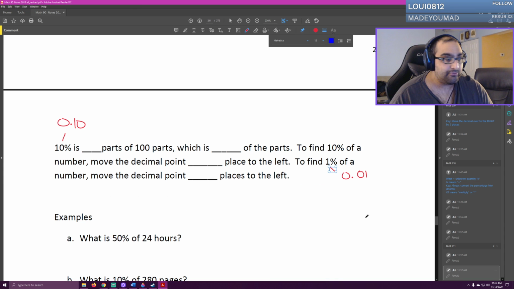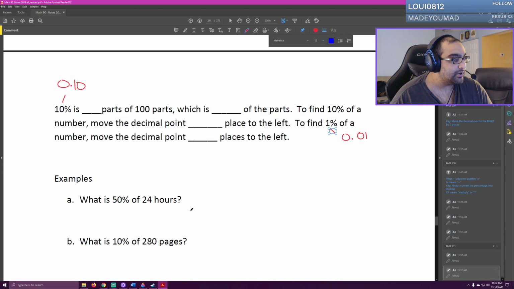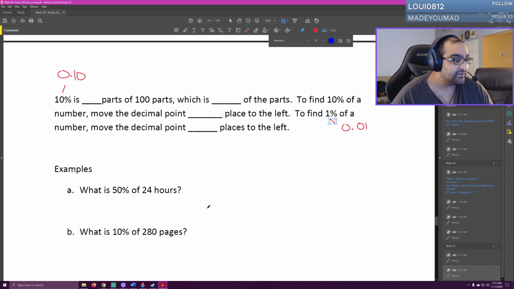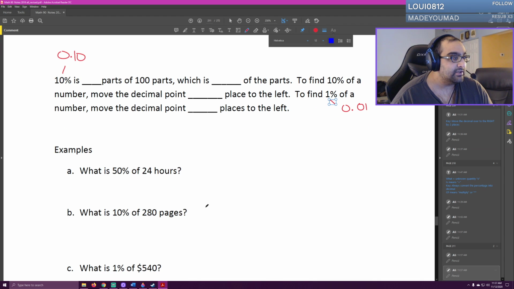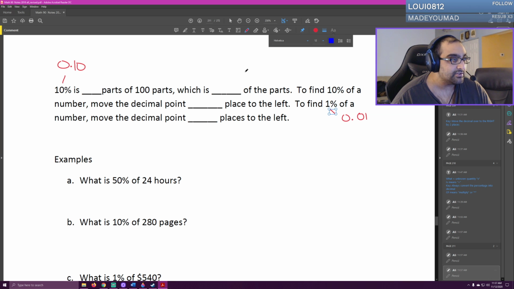So for us here, if we're talking about what is 50% of 24 hours, now, what I want to reflect here is, although it's very simple, 50% of 24 hours is not that hard to really figure out. What I would like you to do here is we can also do mental math that goes with this. So we know how to set this up specifically.